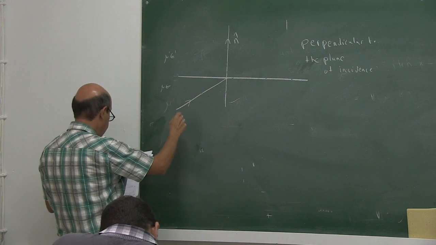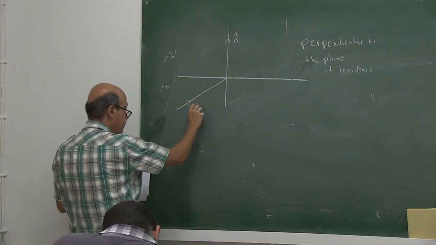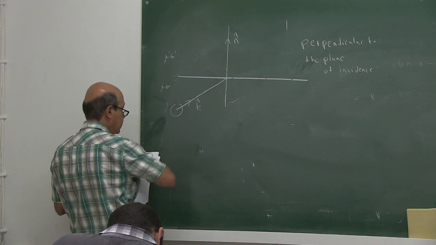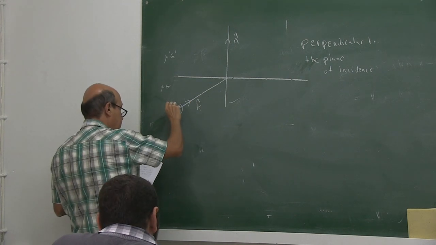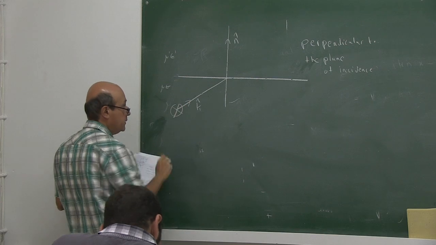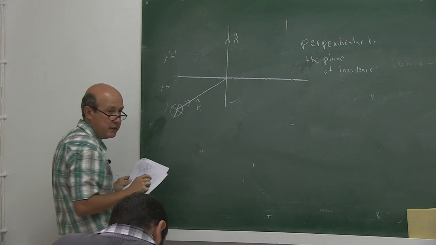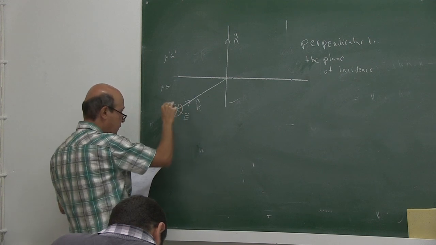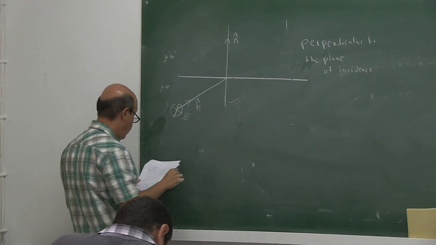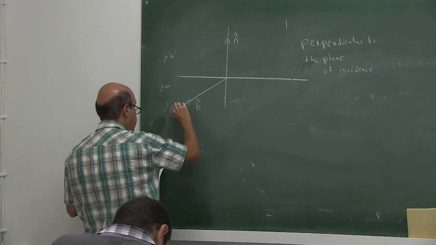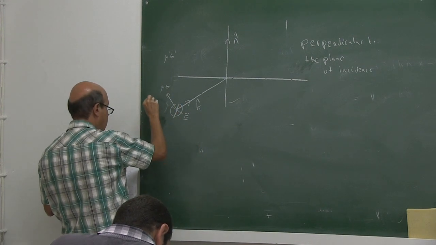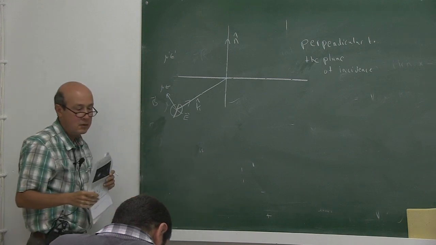You have an incoming wave. The electric field is perpendicular to the plane of incidence. So this is the electric field, let's say inside the board, and let's say the B is in this direction.